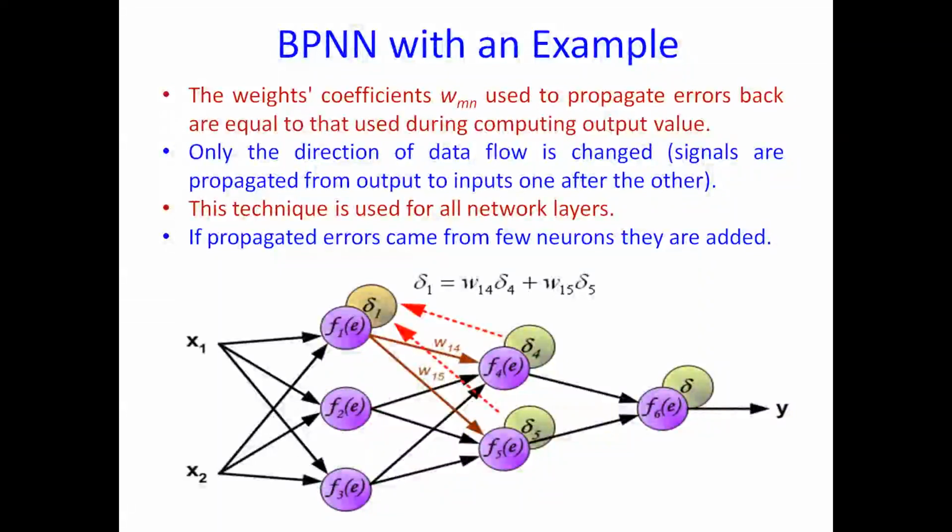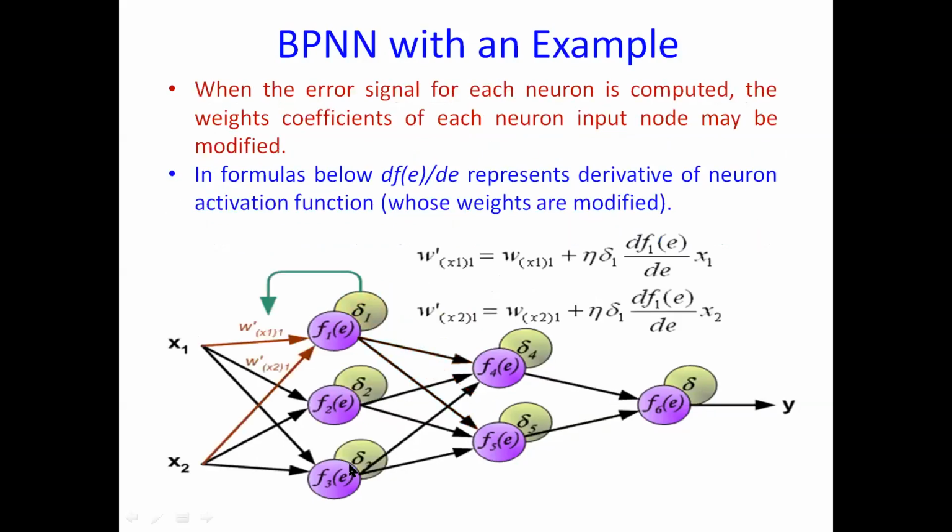You can see that signals are propagated from output to inputs one after the other. So this technique is used for all network layers, and if propagated errors came from a few neurons, then they are also added. In this manner, we can have the error signal for each particular neuron.